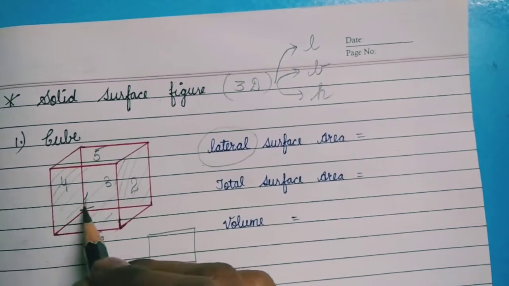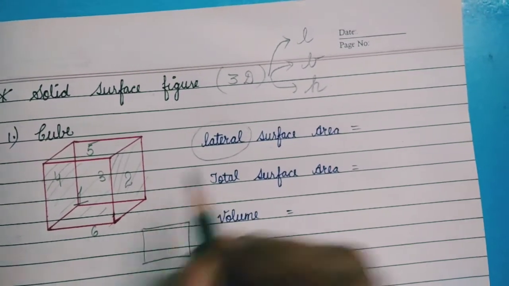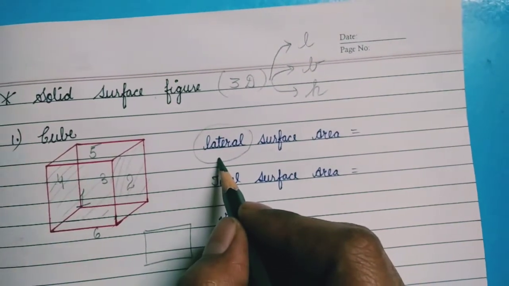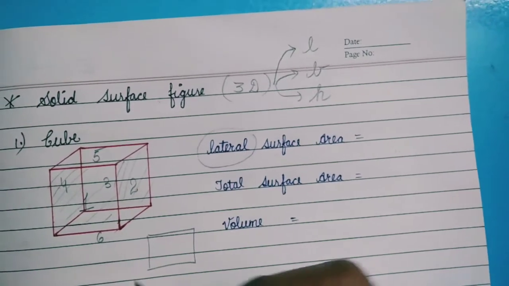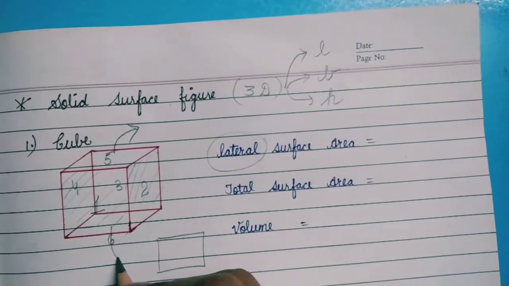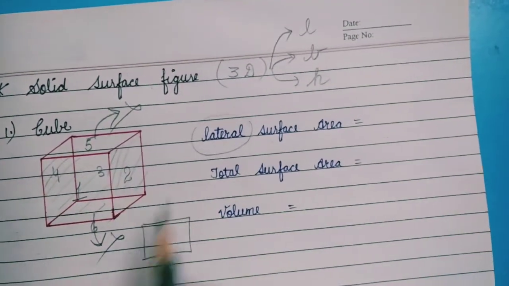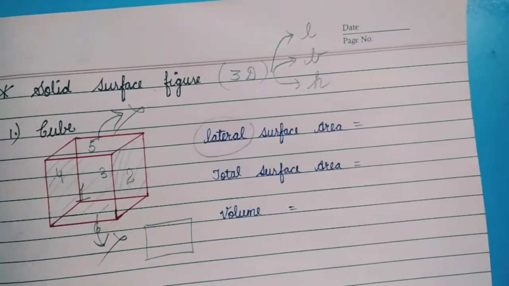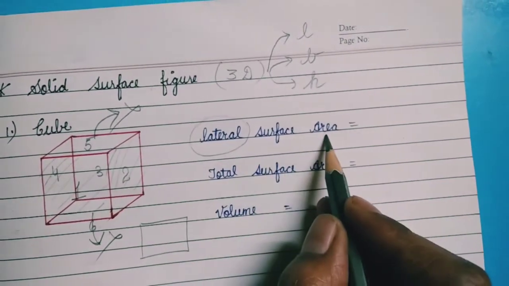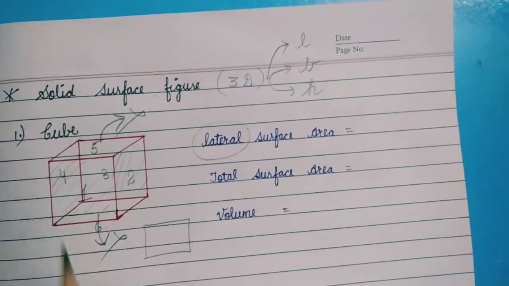In this figure we have 1, 2, 3, 4, 5, 6 sides. Lateral means all the sides of the object excluding its base and top. It means base and top will not come in the lateral. So how many surface faces are coming? 1, 2, 3, 4.